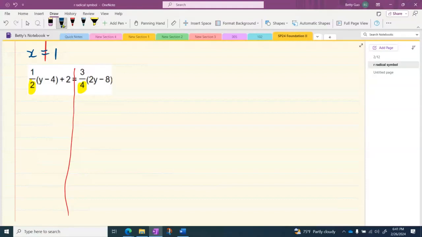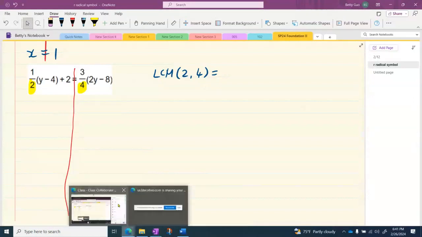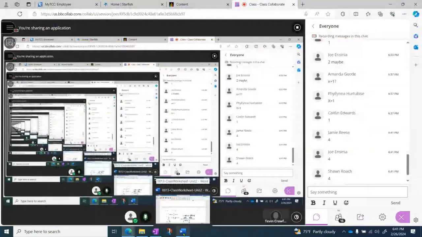Remember, how do we get rid of the denominators? Write them down and then identify the least common multiple of the 2 numbers. What's the least common multiple of 2 and 4? Let me remind you, we have 2 special cases. 4 is a multiple of 2, and 2 is a factor of 4.